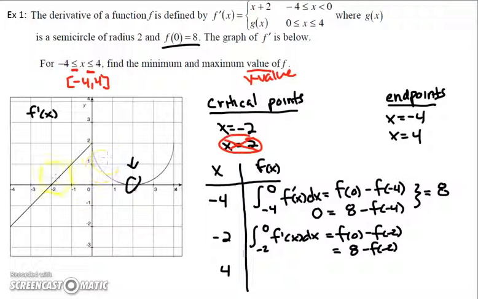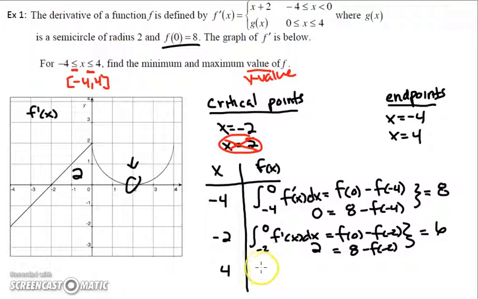And if we look at our area under the curve, I have a triangle. Its base is 2, its height is 2. So 1/2 base times height, so 2 times 2 is 4. 1/2 of that is going to be 2, so we know that area is 2. So 2 equals 8 minus f of -2.